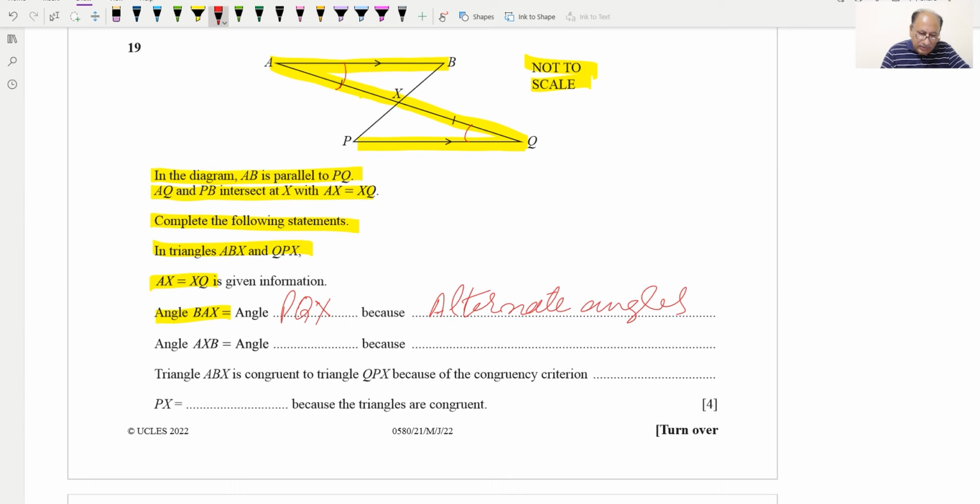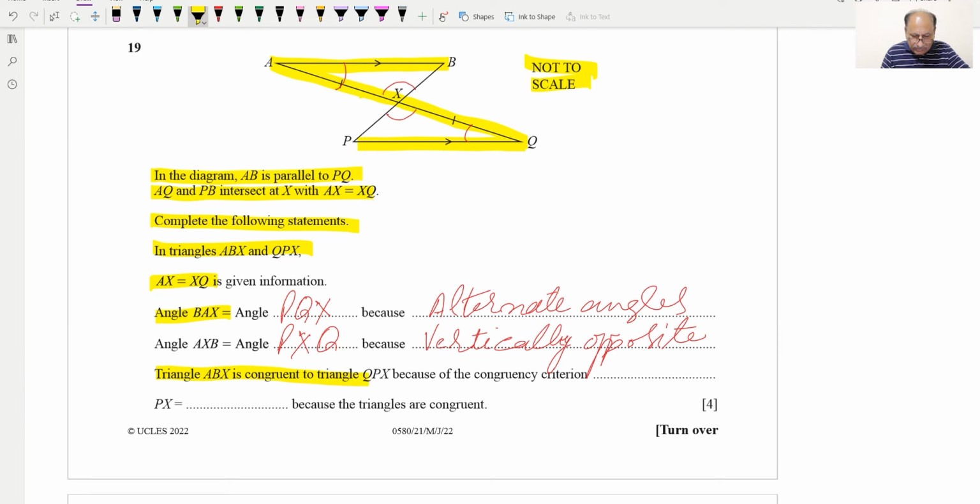Then angle AXB is this angle, is equal to angle PXQ, which will be this one. So PXQ, and they are vertically opposite angles. They are vertically opposite. So next is what?